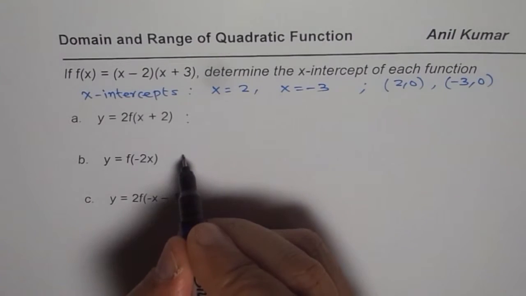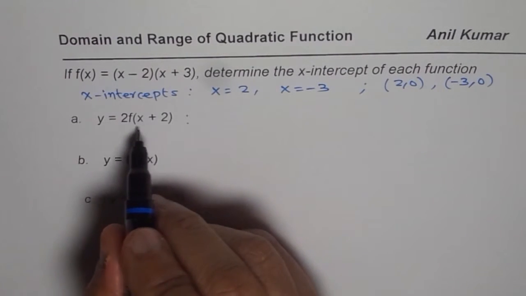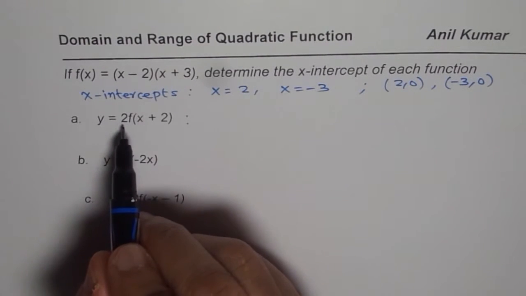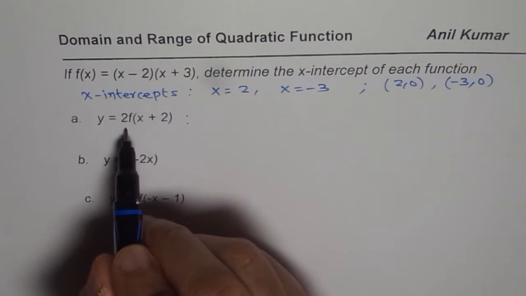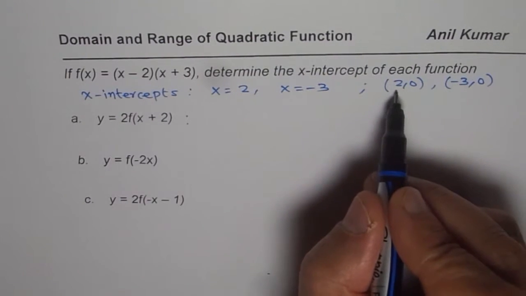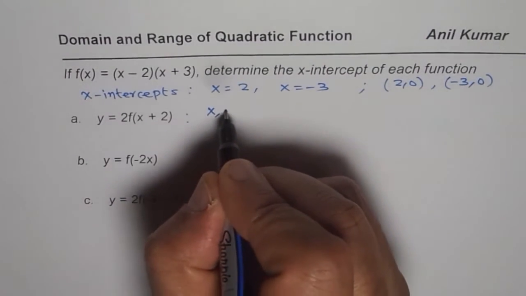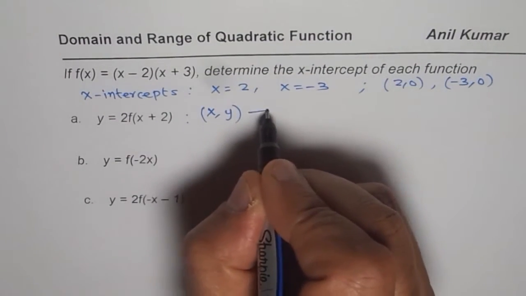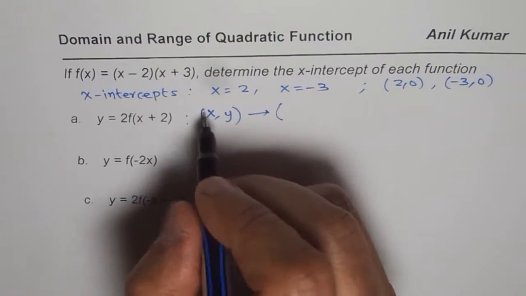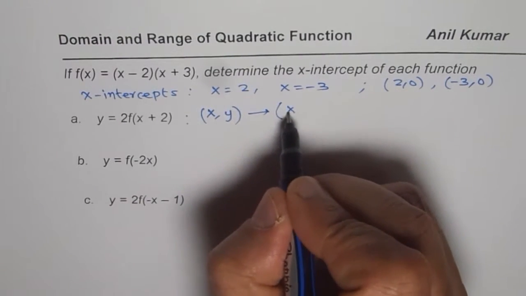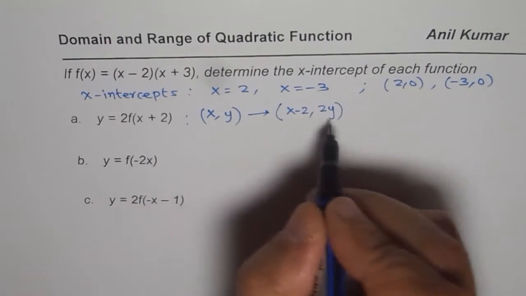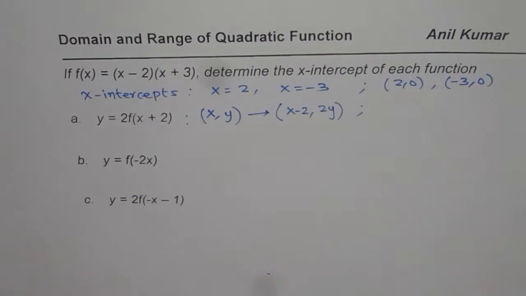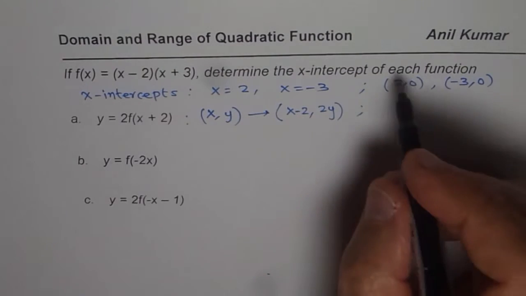Now if you look at the first transformed function, what is the transformation? A vertical stretch by a factor of 2 and horizontally 2 units to the left. So for each point, the transformation is like this: x and y values get transformed so that the x value becomes x minus 2 and the y value becomes 2 times y, right? If I apply this transformation, what happens to the x-intercepts?